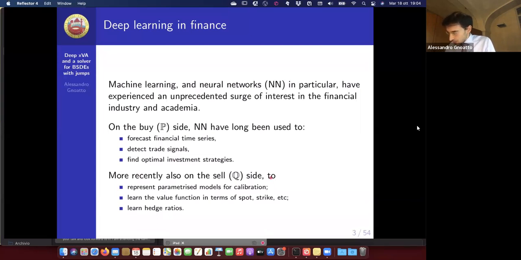Quite recently, we have seen a surge of interest from the point of view of the sell side, so I put the risk neutral measure here. In this area, we see approaches to represent parametrized models in view of model calibration, or approaches in order to learn the value function for a certain contingent claim in terms of variables such as the spot price or the strike, and to learn hedge ratios.